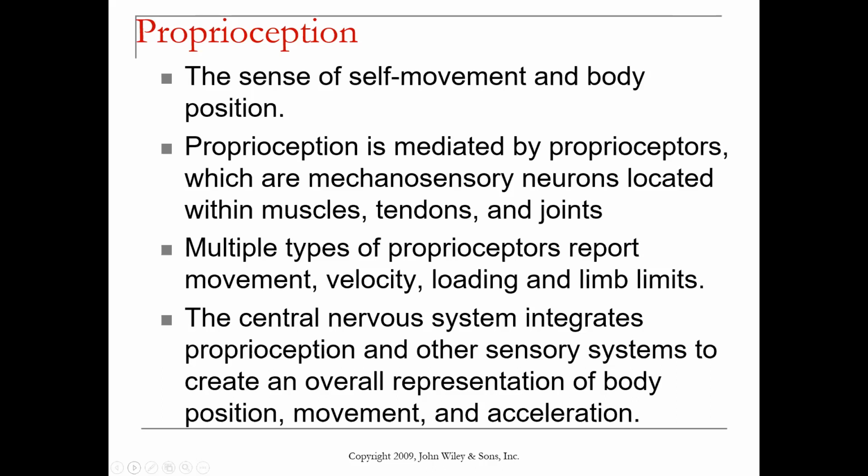Are we running? Are we walking? Are we driving a nail with a hammer? How vigorously are we hitting the nail? Are we tapping it or are we smashing it? And so we use this to control our response to our environment.